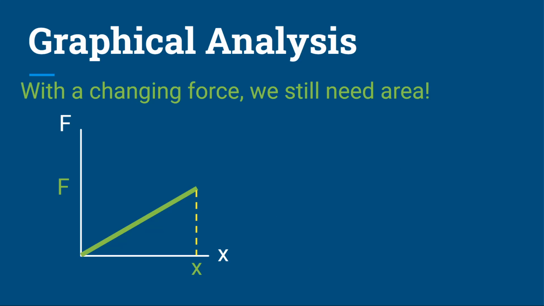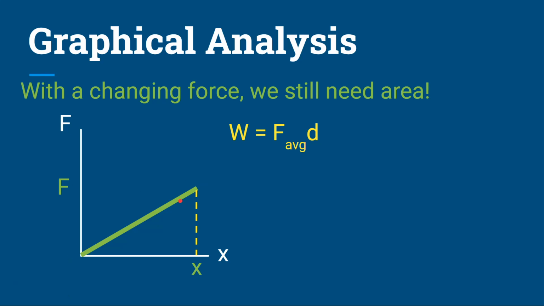And that's true even if your force is changing. This one's not a rectangle, it's a triangle. Same idea, let me show you why. If we have a changing amount of force, we're still going to do the same thing, because now our work is going to be our average force times our distance. Well, guess what? My average force is going to be half this max value for F. If I go from 0 to 100, my average would be 50.